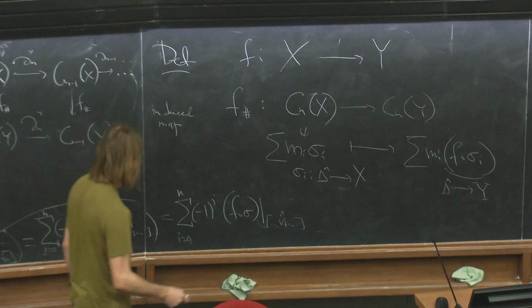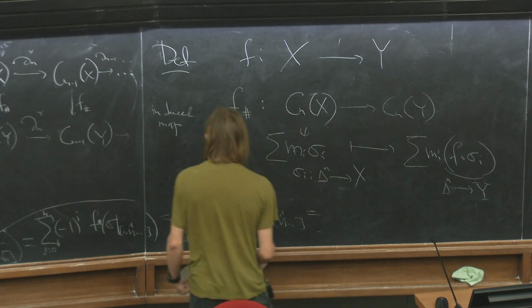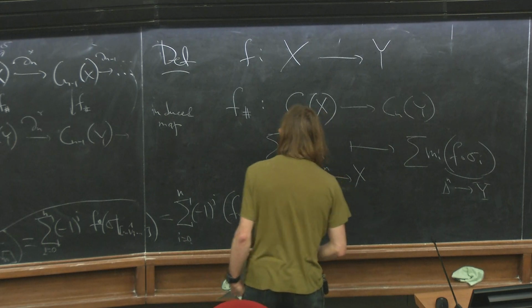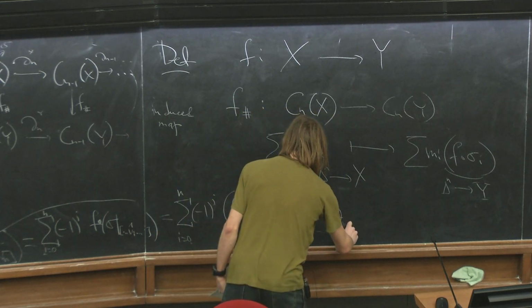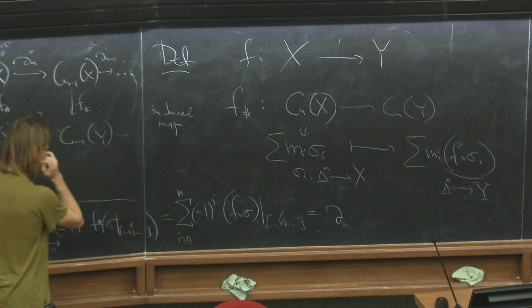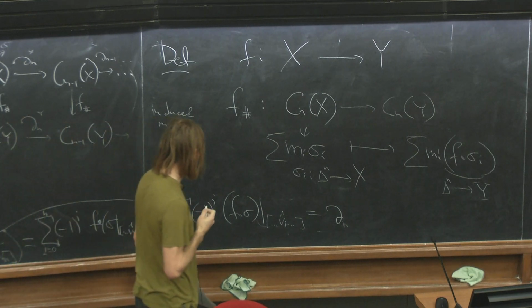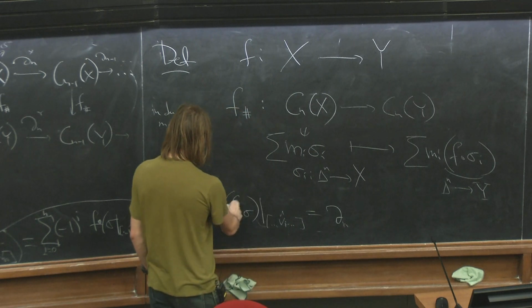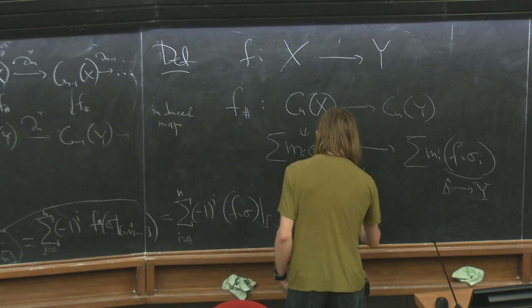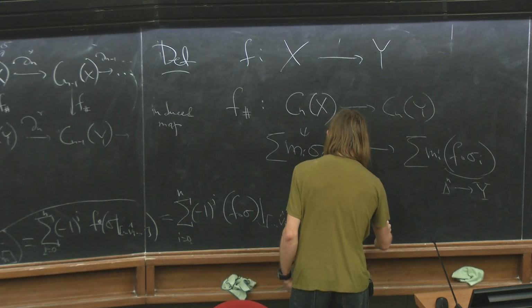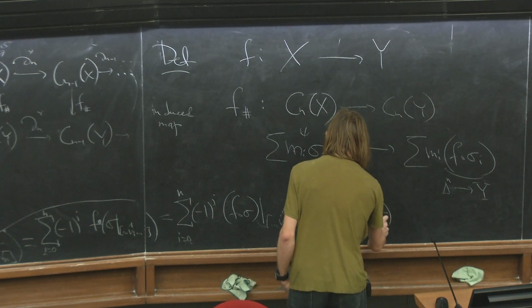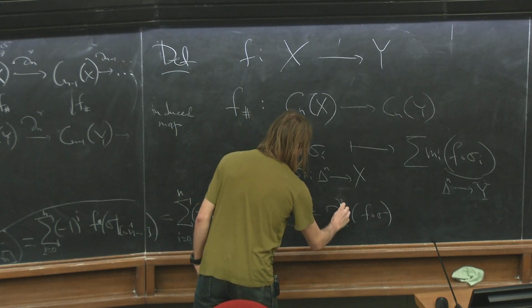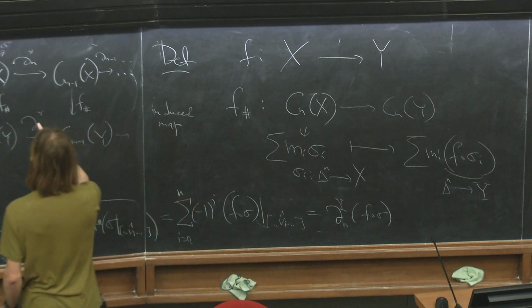But here you can recognize the definition of my Dn, the homomorphism acting on the composition of F and sigma. So this is already Dn here.